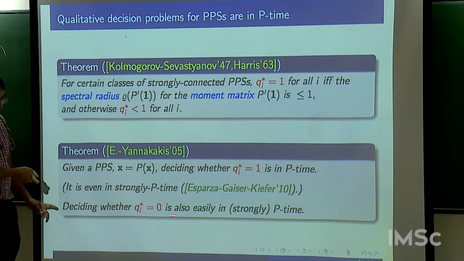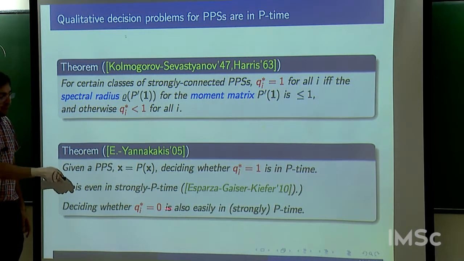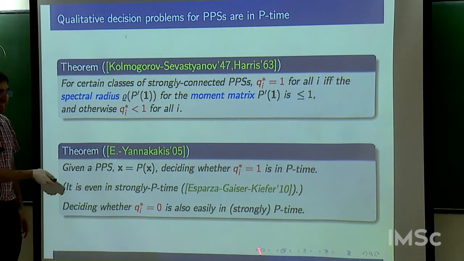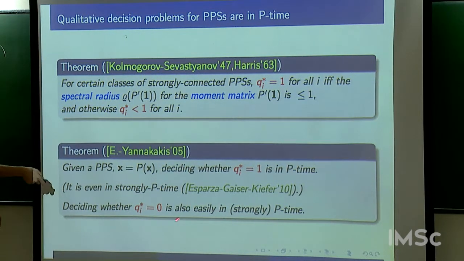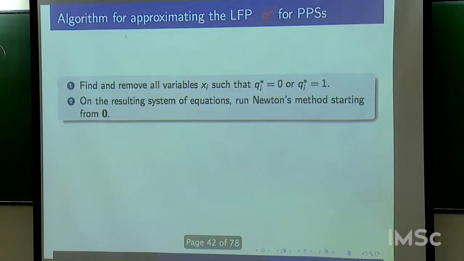And deciding whether a particular coordinate of the vector of extinction probabilities is 0 is actually very easy to do in polynomial time. It just boils down to an and/or graph analysis. It's very simple, okay? So you don't even need to look at the probabilities to determine which coordinates are 0.